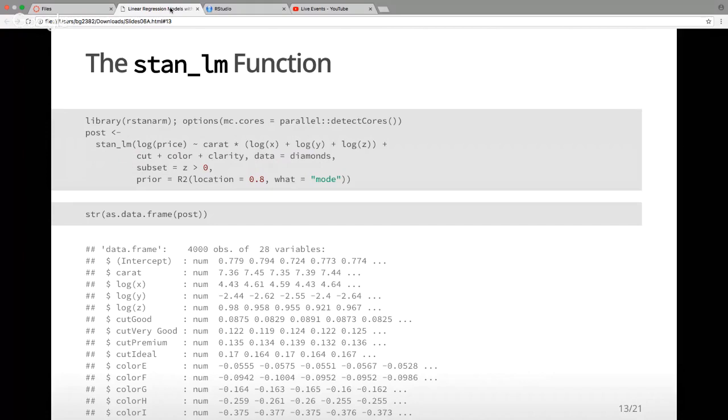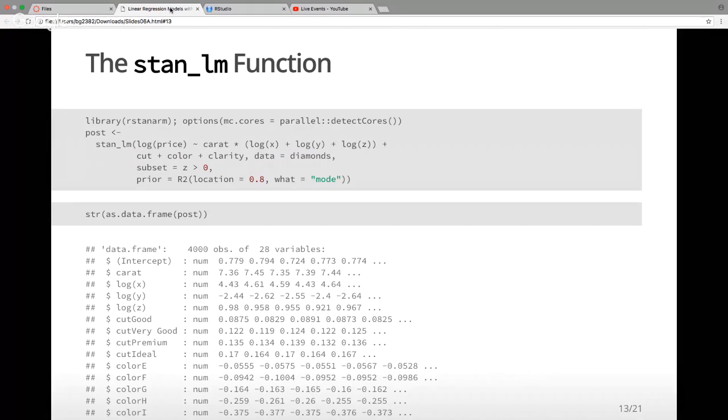Everything we're going to see the rest of the day, Thursday, next few weeks involving rstanarm is just sort of pre-baked functions that you can call. But you're free to do anything you want once you have these draws. So by default, it's going to give you 4,000 draws, one for every parameter that you're estimating. In this case, it has 28. And so we get draws for the intercept, draws for the coefficient on carat, etc., all the different cut variables, etc. Some of them kind of ran off the page.